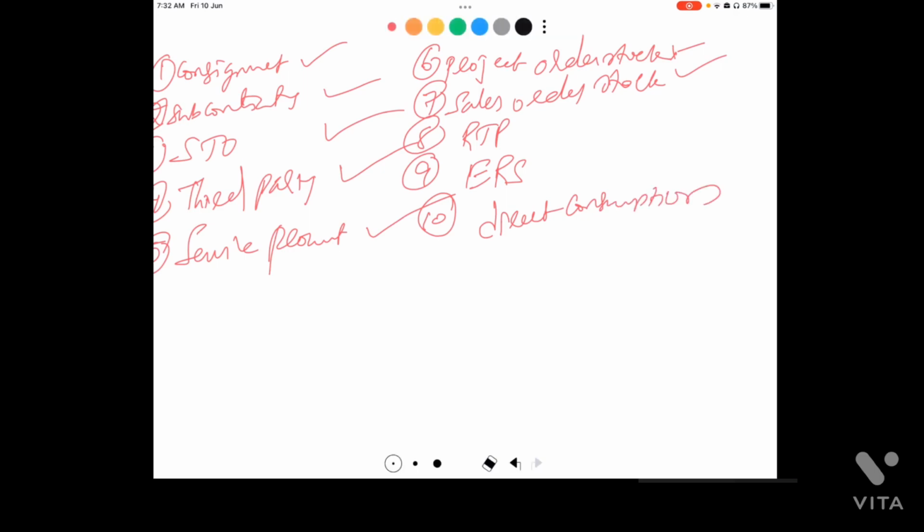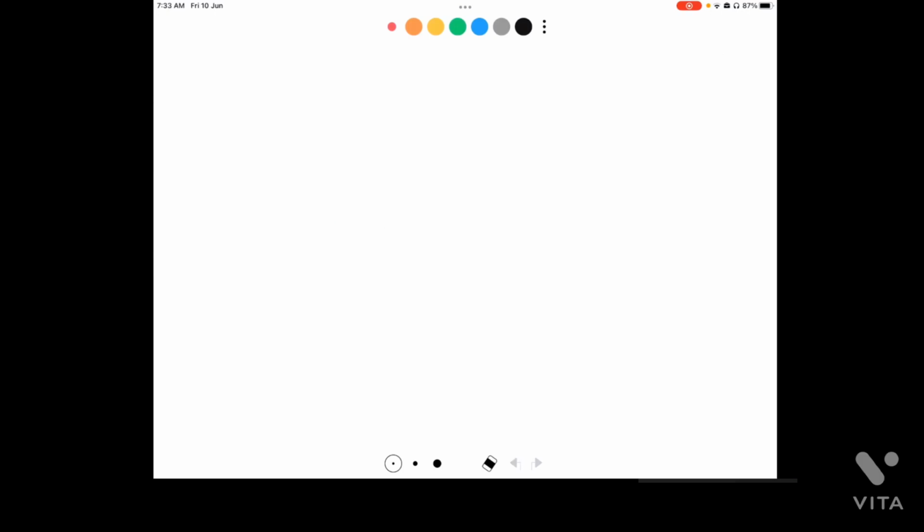Any other topics which we discussed? See, apart from this, these are all the points which we discussed as of now. All is related to business. Now, what generally happens in cases different from the business? Suppose you did the GR, goods receipt.